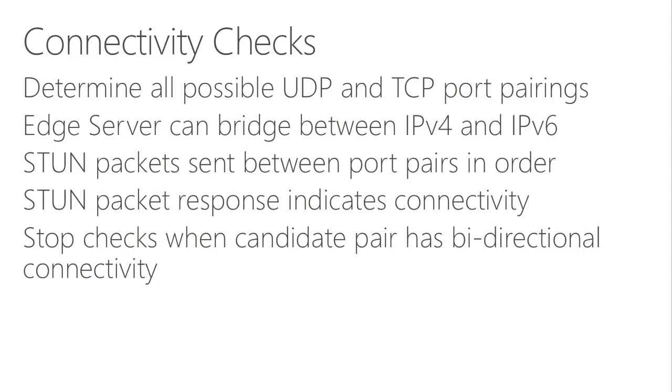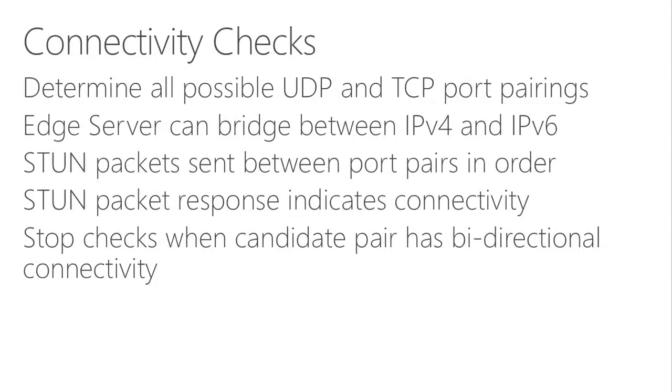But what's happening in the background is that we test all possible combinations from all the UDP candidates to all the other UDP candidates, TCP to TCP. The Edge server can actually bridge between IPv4 and IPv6. So if you have an internal network and your user is using IPv6 and the external user is using IPv4, the Edge server can bridge between these two versions of IP.